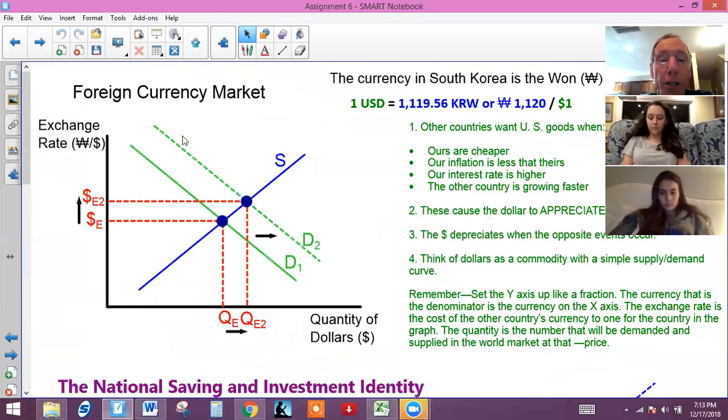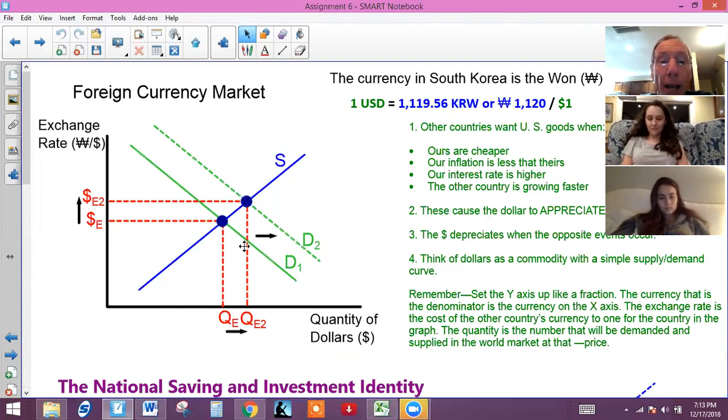So if you look at the foreign exchange market, whatever is on the horizontal axis is what we are actually talking about in terms of buying and selling in the supply and demand. So here we're buying and selling dollars, and in this case we're buying dollars with South Korean won, right?